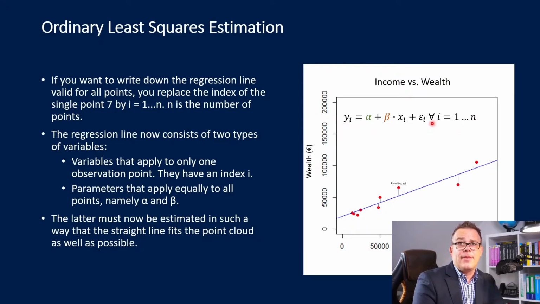By the way, this operator means for all. So this formula is valid for all i from 1 to n. So for each and every one of those points, the epsilon value, epsilon i, can be explained by alpha plus beta times xi plus the error term. So this is mainly the idea.